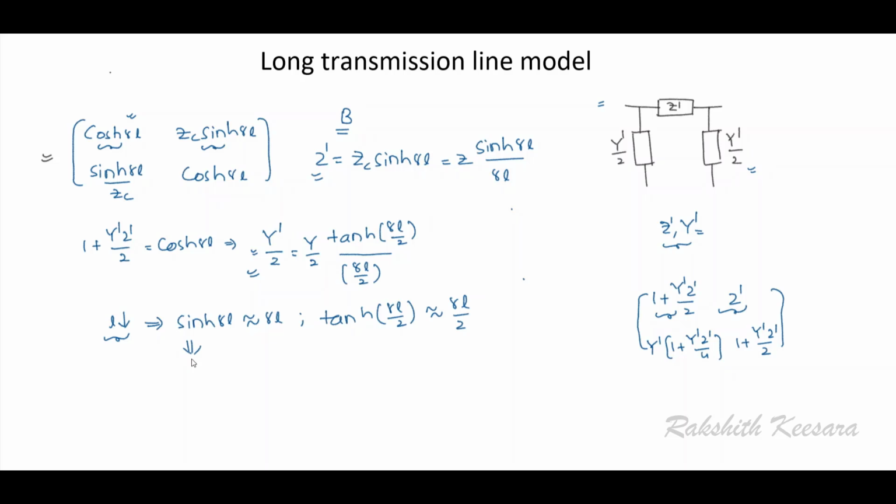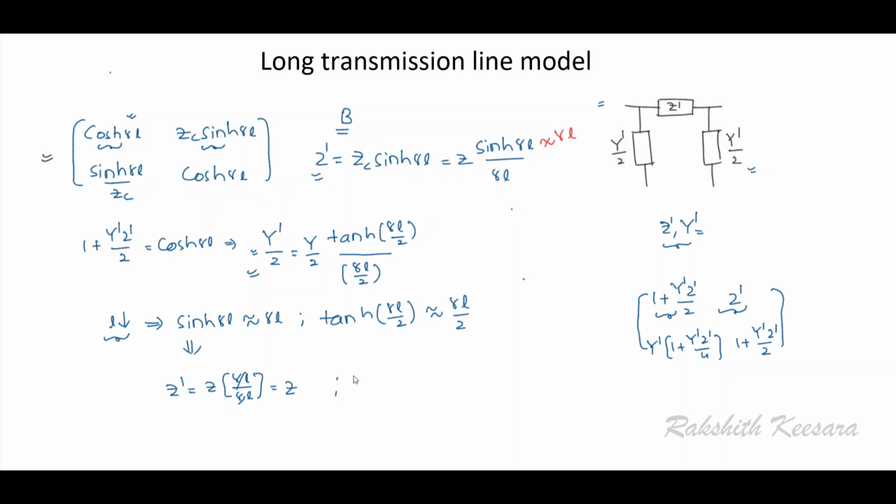So from this, what will be our Z dash? Z into sinh γL will become γL, γL by γL. So Z dash is actually equal to Z if we are decreasing the line length.